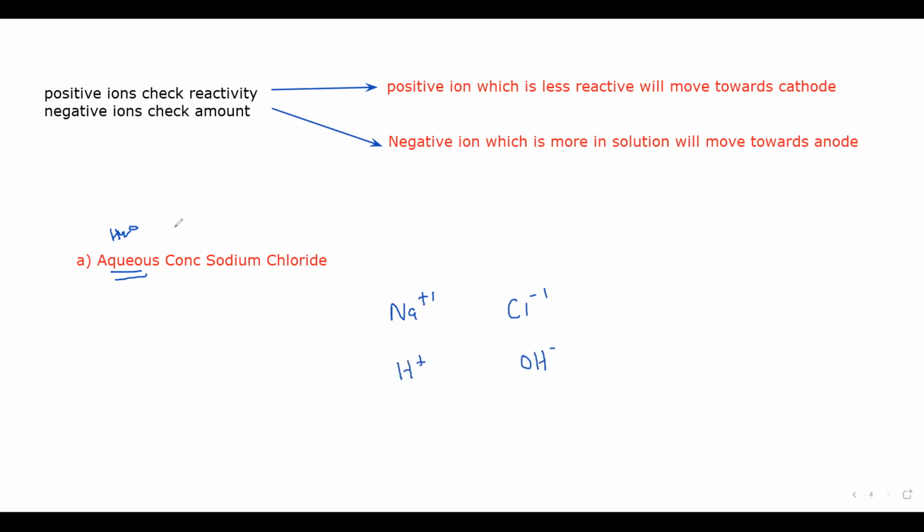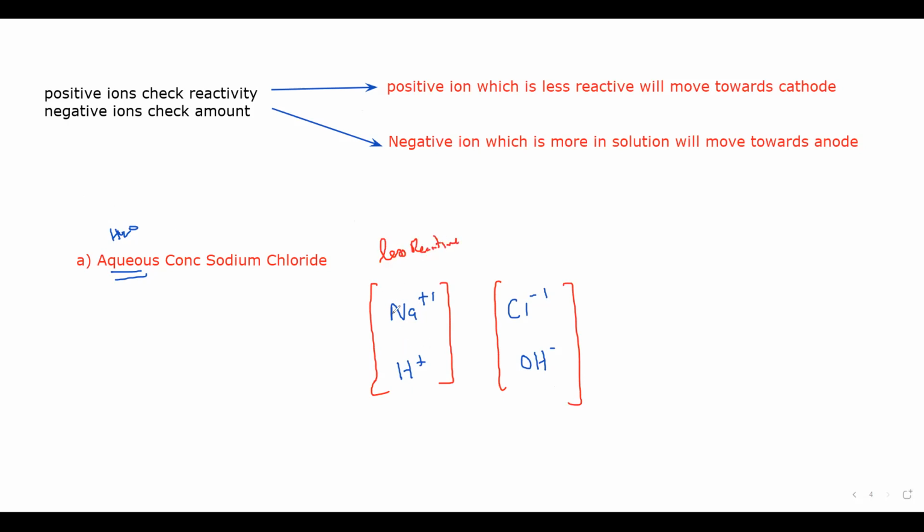The first thing, you will recognize the ions. Then for the positive ion, there's a different criteria, and for the negative ion, there is a different criteria. Now for the positive ion, what is the criteria? The criteria is less reactive.